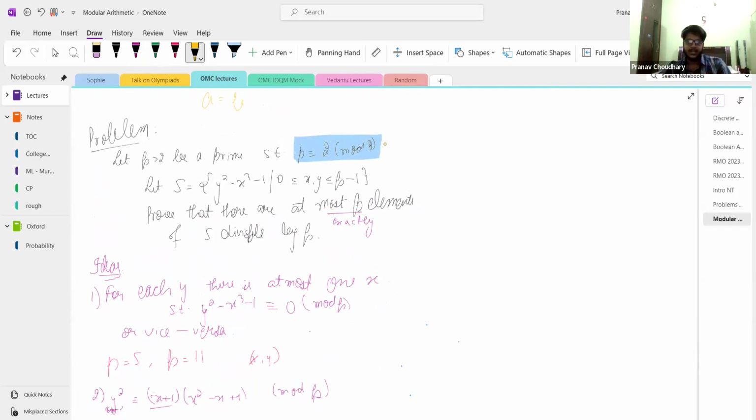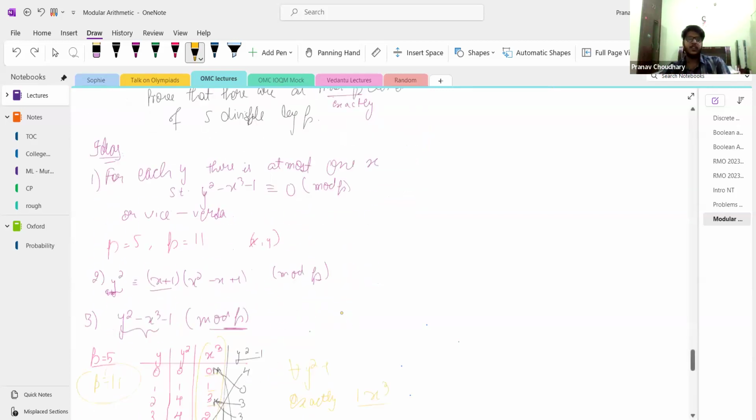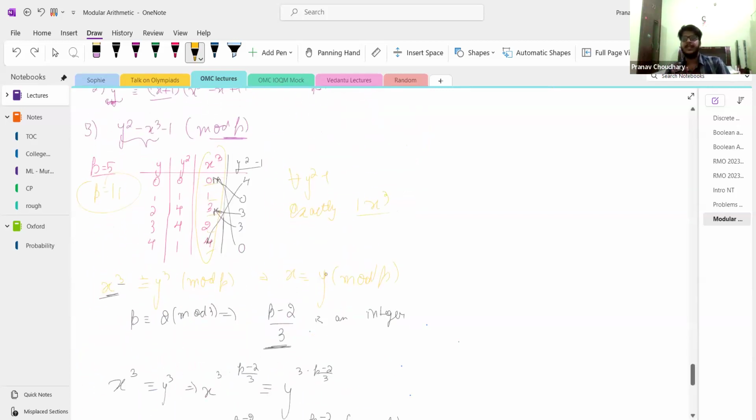But in this problem the idea seems to work. But why does this work? First you know that p is congruent to 2 mod 3. So (p minus 2)/3 should be an integer. And you have an x cube here, so you try to work with this x cube and (p minus 2)/3. You try something, and eventually you notice that for each x, I get a unique cube mod p.